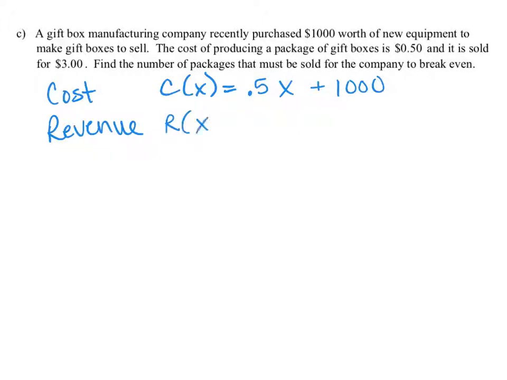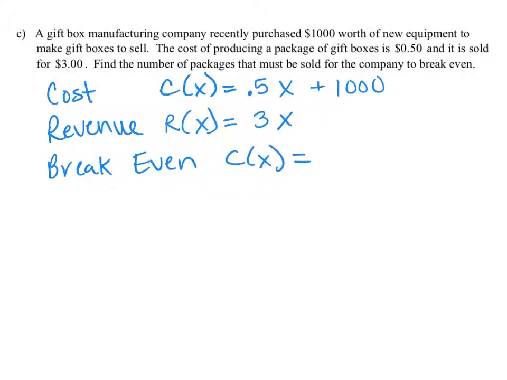The revenue equation, R of x, since we know that the boxes are sold for $3, it's going to be 3 times x, 3 times each unit. In order to break even, our cost must equal the revenues. So C of x needs to be equal to R of x.